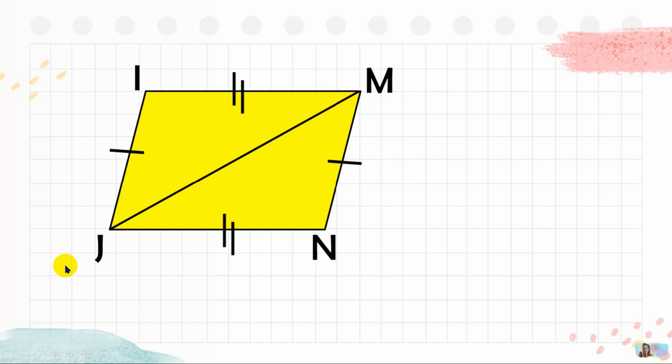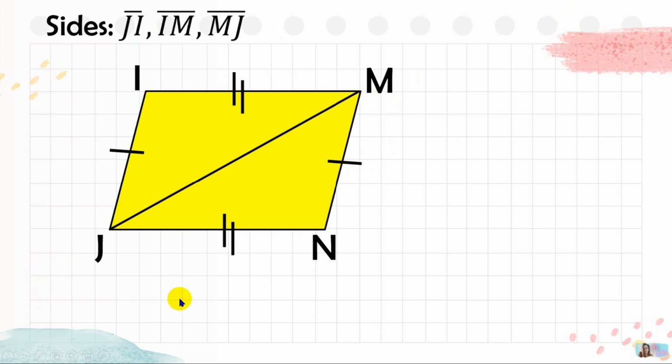Ngayon, congruent ba siya kay side JM then or side MJ? Yun po yung titingnan natin. So, we have the sides of the first triangle, side JI, ito siya, JI, side IM, and then side MJ. Now, kung titingnan natin yung ating second triangle, na-flip po siya. So, ibig sabihin, ma-flip din po yung MJ natin. So, for the second triangle, alin ang corresponding ni JI at alin ang congruent ni JI?